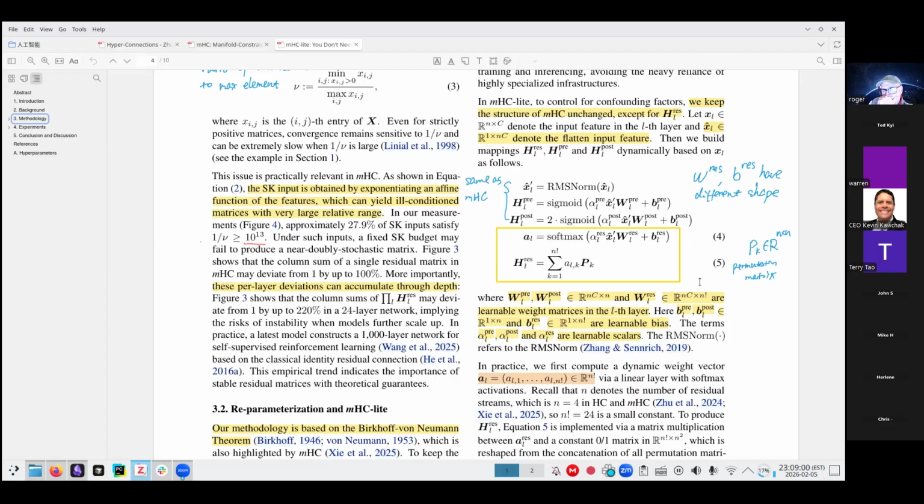Geometrically, it's too hard to visualize, because a 3 by 3 doubly stochastic matrix has 9 numbers, so it's a 9-dimensional space, and there are 6 permutation matrices for 3 by 3 matrices. But Claude told me that these 6 permutation matrices live in a 4-dimensional subspace of the 9-dimensional space.